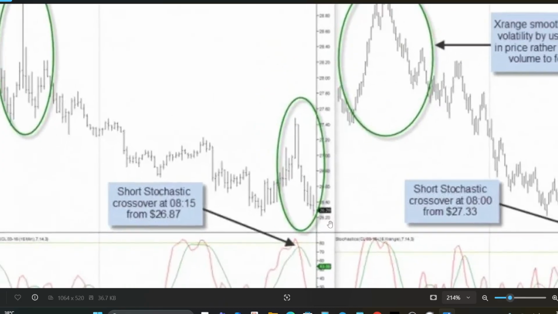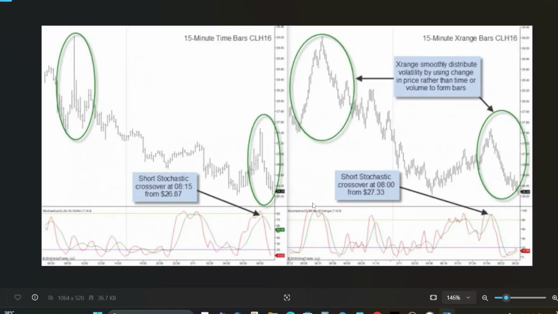So why should you add the Kase bar chart to your toolkit? There are a few key benefits to using this charting method, which include clarity, trend identification, and efficiency. The Kase bar chart removes the noise that comes with traditional charts, giving you a cleaner, clearer view of the market.